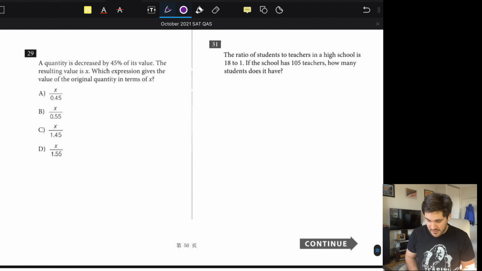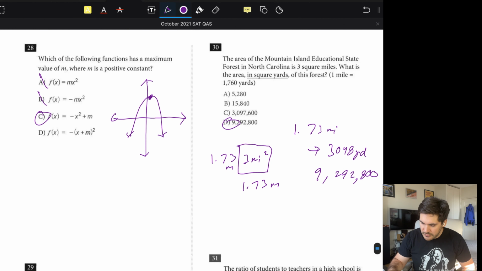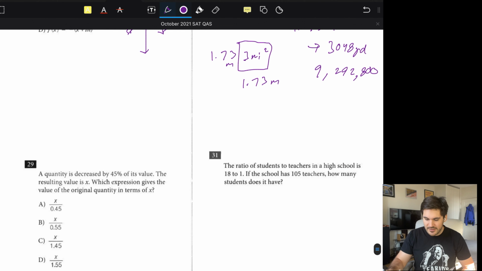A quantity is decreased by 45% of its value, which gives us m. Which of the following gives the original value? Oh, wait a second. I just skipped 29 and went to 30. Okay, so I have to do 29.